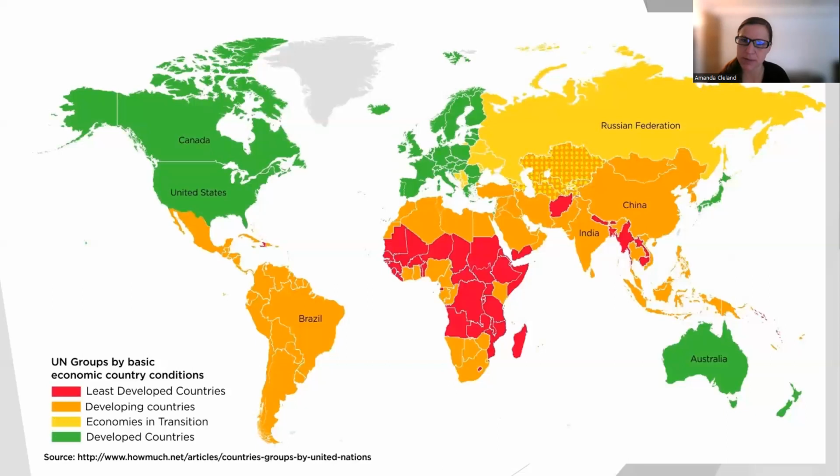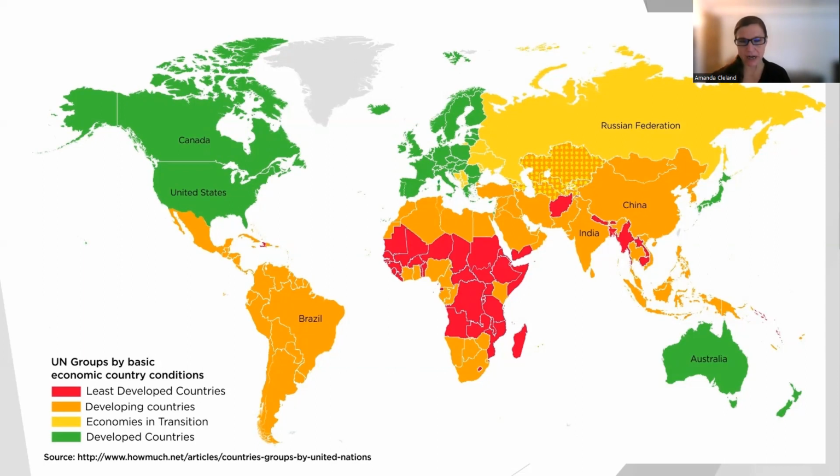So it looks primarily like Eastern Europe and Russia are economies in transition. And then we've got our developing countries. That's primarily Mexico, Central and South America, the Caribbean. That is China, India, parts of Southwest Asia, parts of Africa and the Middle East. And then our least developed countries are primarily in Asia and in Africa.